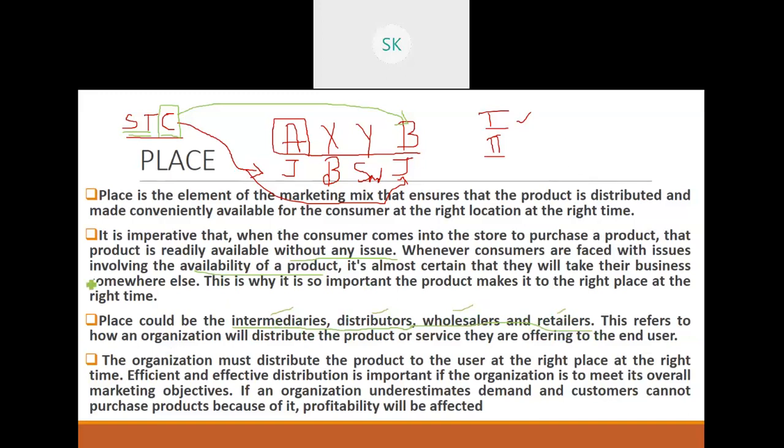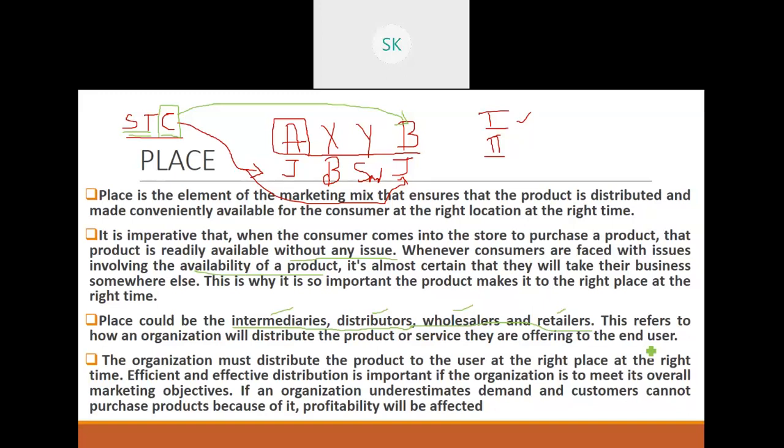This refers to how the organization will distribute the products or services they are offering to the end users. Now, place already includes virtual as well as physical place. So which means these distributors or wholesalers or retailers, whoever are there, the place of virtuality is also included. The website is also part of the place.